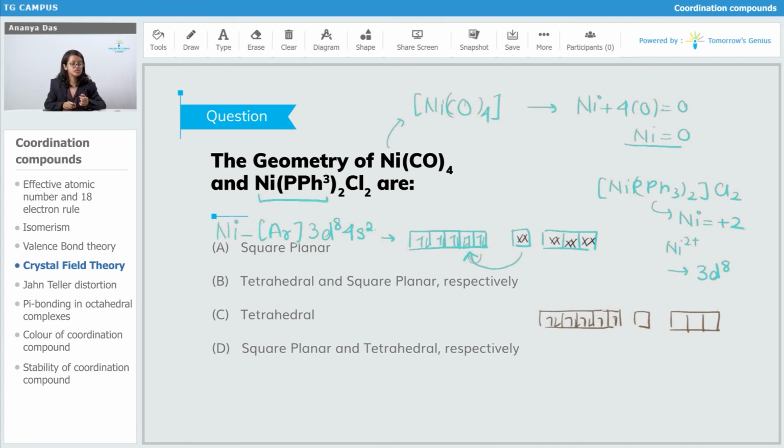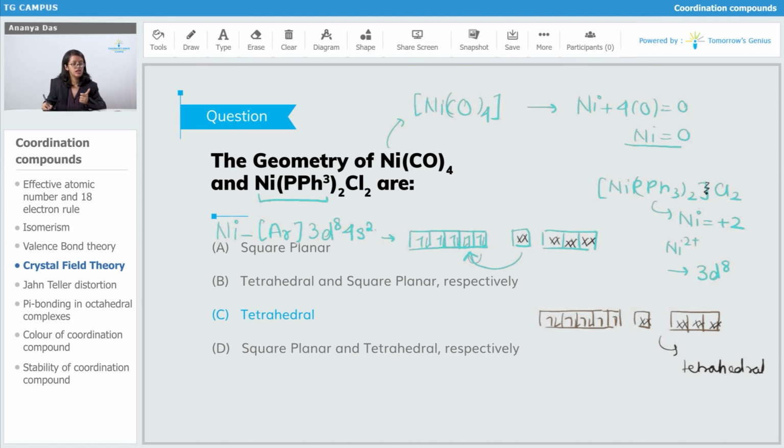So what happens is, the ligands from the PPh3 as well as Cl2 come into this. So the structure again is tetrahedral. So both of these have a tetrahedral structure.